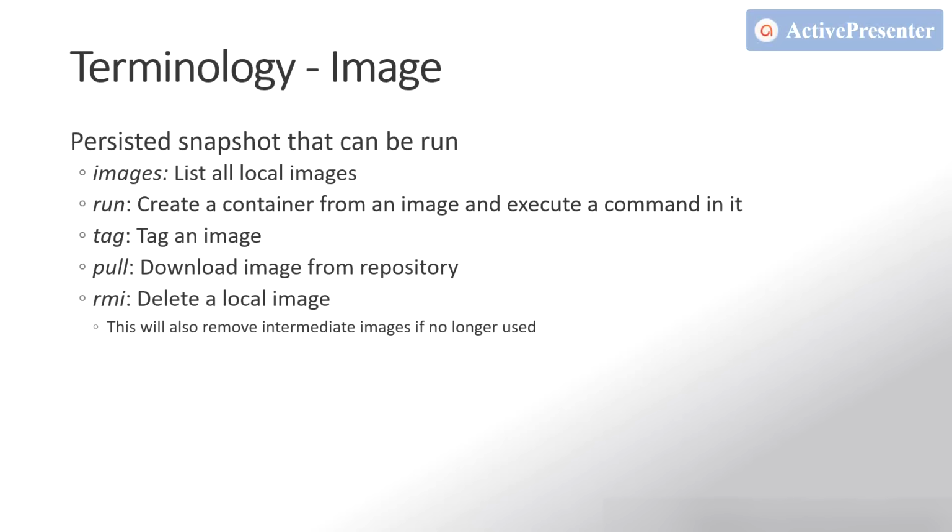Once it creates an image, the image stays there, and you can create n number of containers from that. Not one, n number. As you create multiple EC2 instances from the same AMI image, you can also create multiple containers from this Docker image.